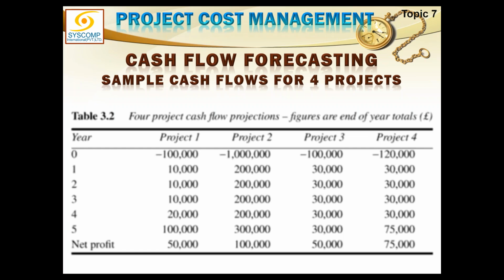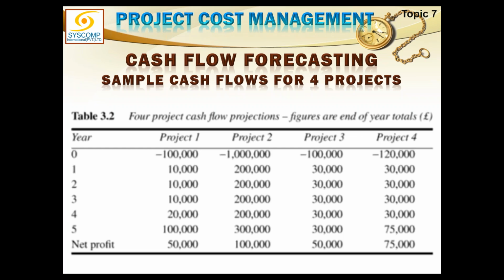Sir, but again, if I come to the fifth year, it starts giving me the output of 100,000, whereas project 3 is giving me 30,000. If I take the net difference of each year, net profit, it's a difference of 20,000.